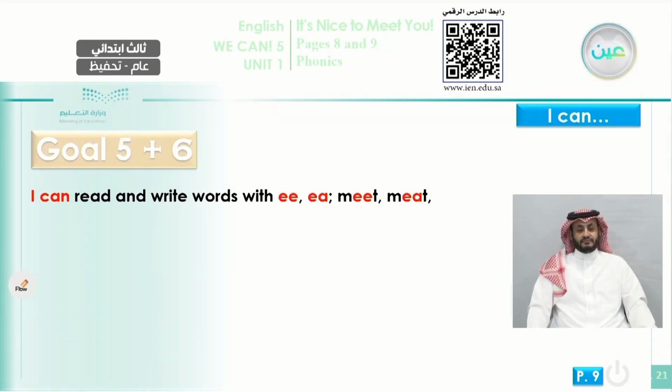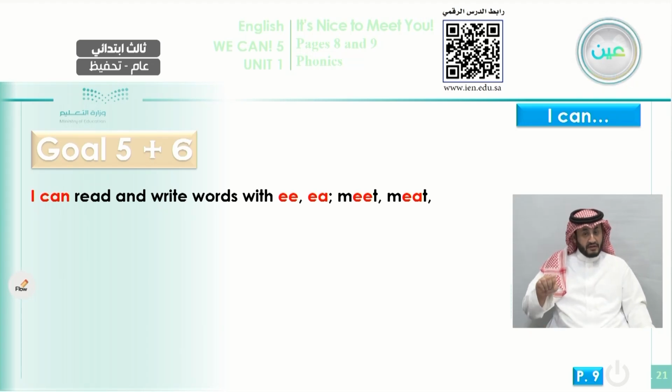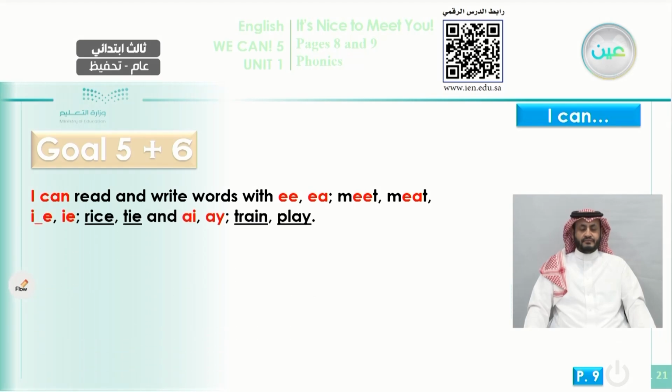Okay, now have you achieved the goals? Can you read and write words with EE, EA correctly, like in meet and meat? Okay, they are pronounced the same, but they are spelled differently. You have to be careful about that. And here we can also talk about IE, as in rice, as in tie, AI, AY, as in train and play.